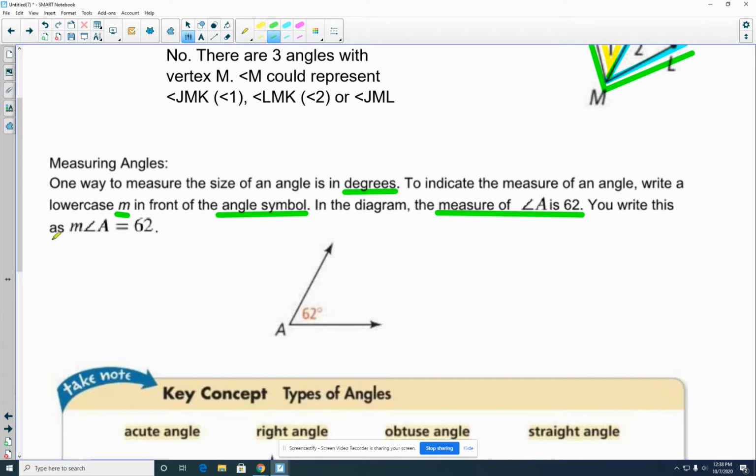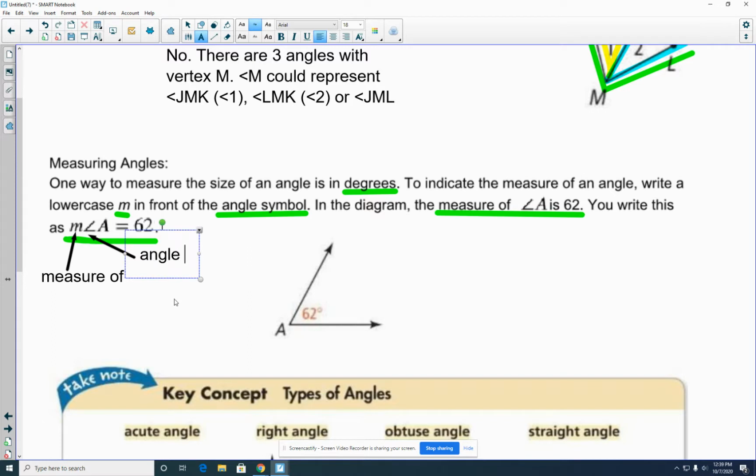We write this using symbol notation using this here. Notice a little m in front of the angle symbol. So again, the m stands for measure of, and then you have your angle symbol. And that angle symbol absolutely says angle. The measure of angle A is 62.